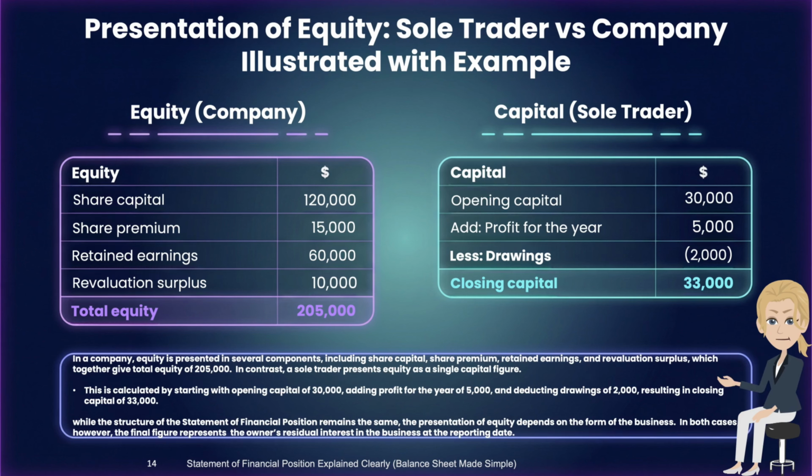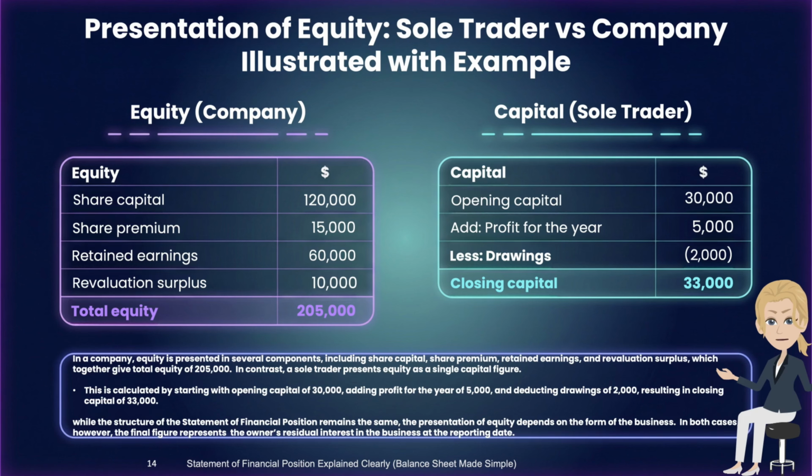In contrast, a sole trader determines capital by adjusting the opening balance, starting with opening capital of $30,000, adding profit for the year of $5,000, and deducting drawings of $2,000, results in closing capital of $33,000.